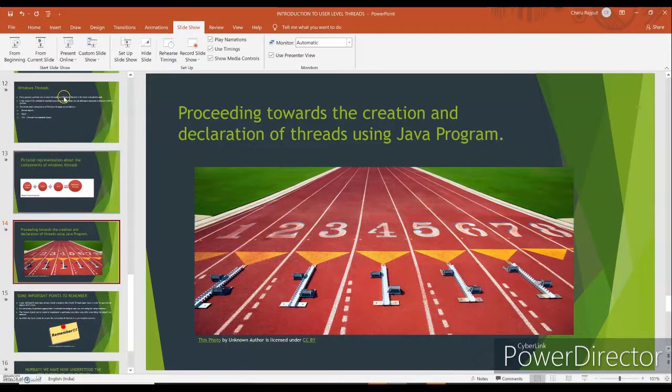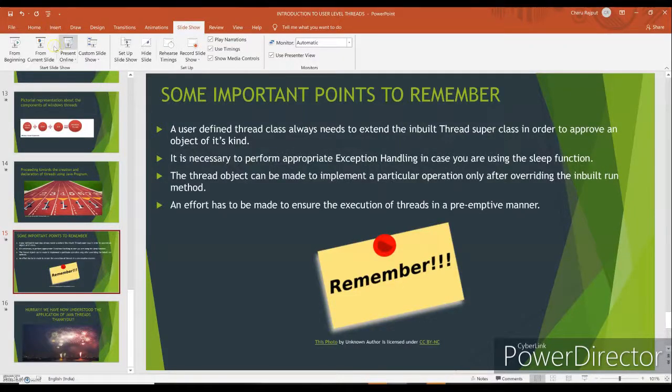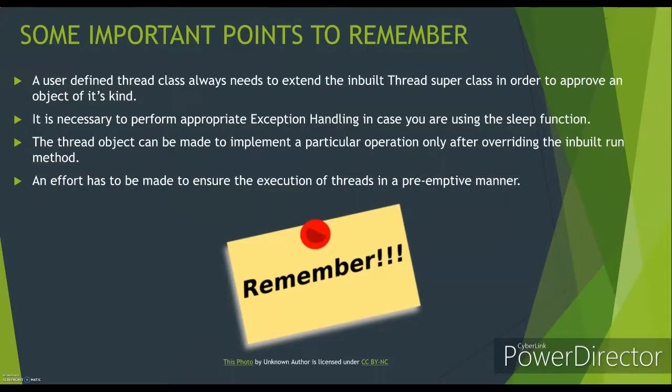Finally, returning back to the presentation, coming to points to remember. A user-defined thread class always needs to extend the inbuilt thread superclass in order to create an object of its kind. It is necessary to perform appropriate exception handling in case you are using a sleep function, as in I changed my mode of exception handling from the normal throws exception to try catch block according to the function I changed.